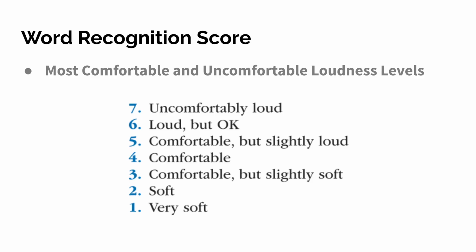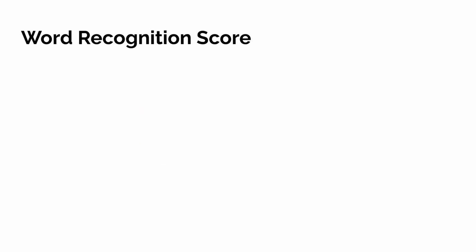Categorical loudness scaling is a tool that we want to use for measuring most comfortable and uncomfortable loudness levels because it produces better reliability. This particular list is from the Cox contour test, and it is a widely used variation.